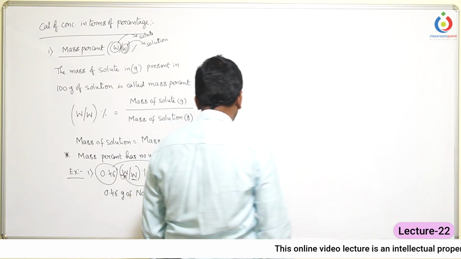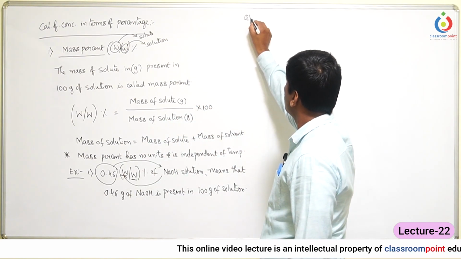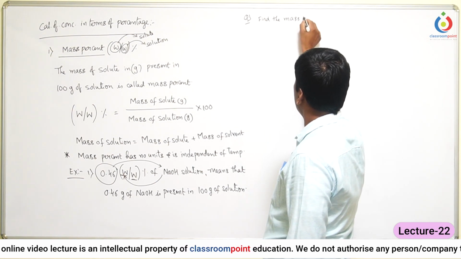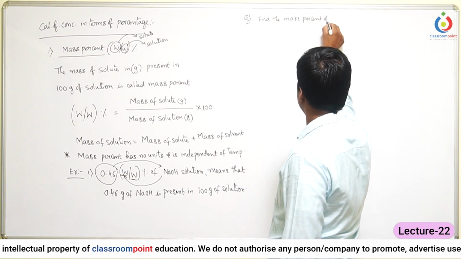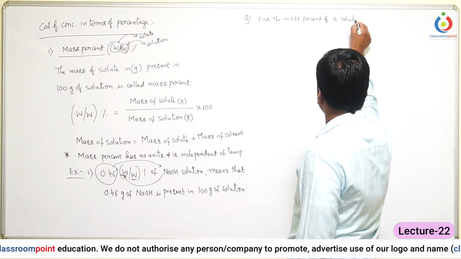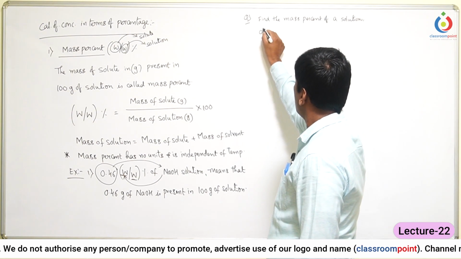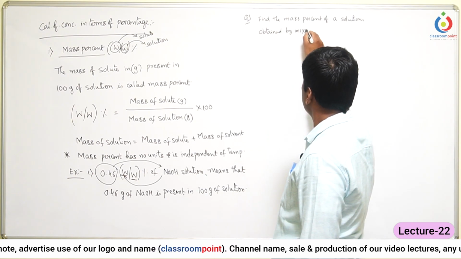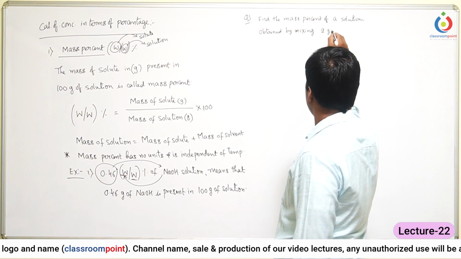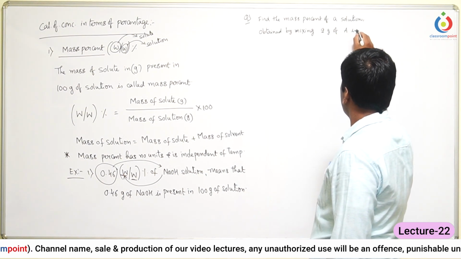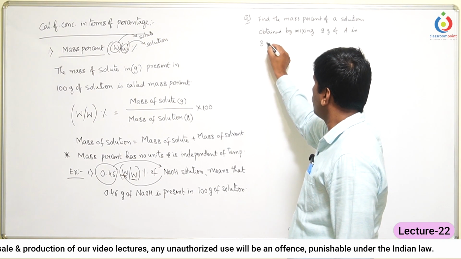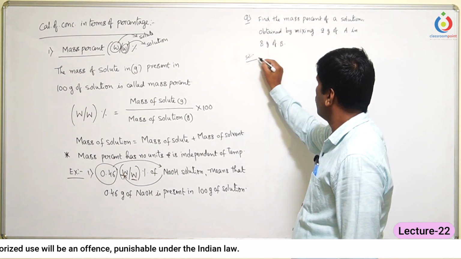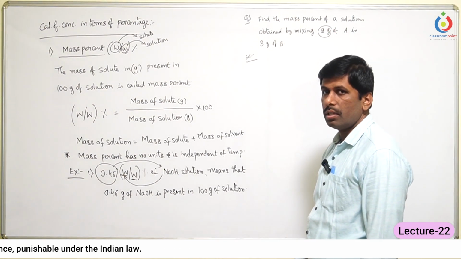Let us solve a simple question. Find the mass percent of a solution obtained by mixing 2 grams of A in 8 grams of B. The lesser quantity substance is always called the solute.